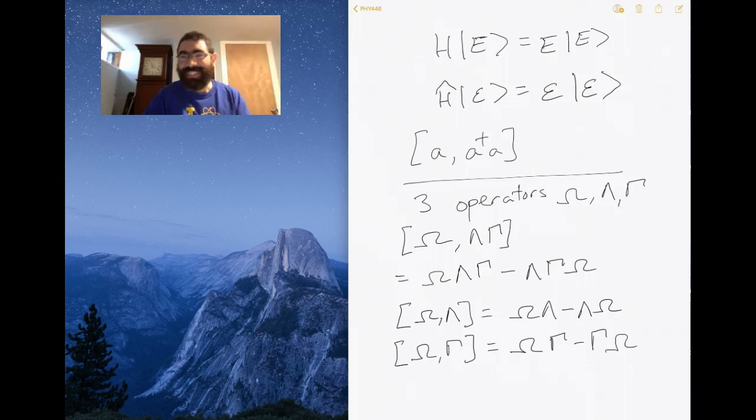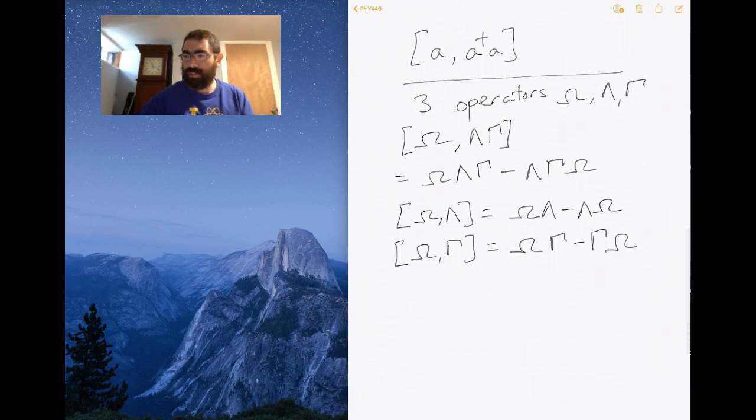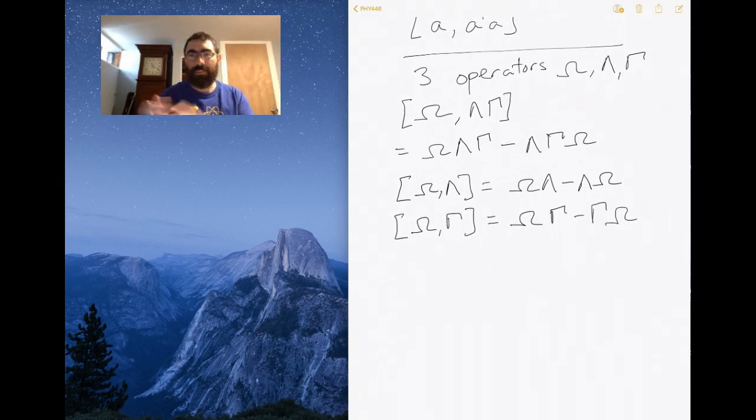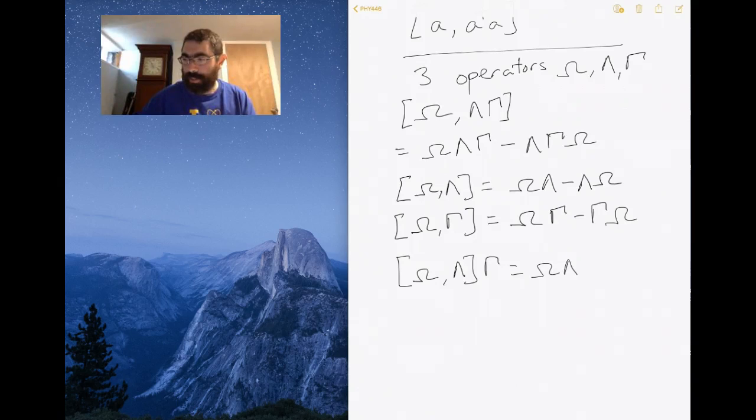But what you can see here is I can come up with some different combinations that are going to simplify things. So if I take this commutator, omega lambda, and then just multiply it by gamma, I should get omega lambda gamma minus lambda omega gamma.